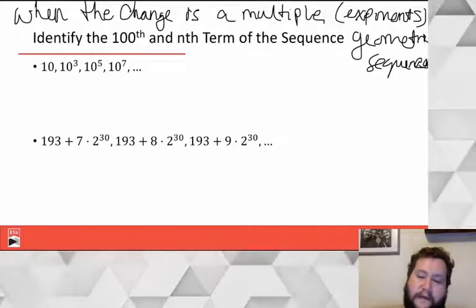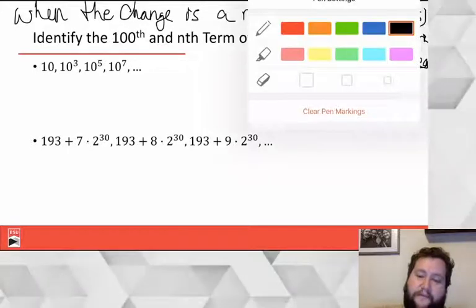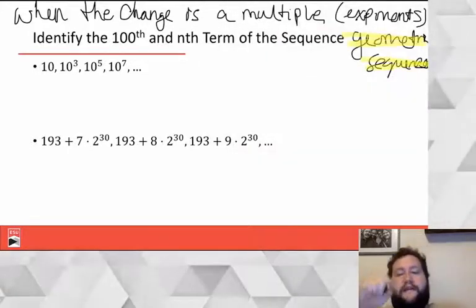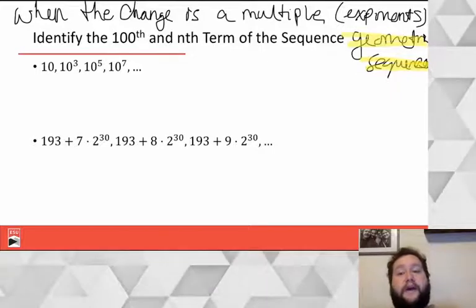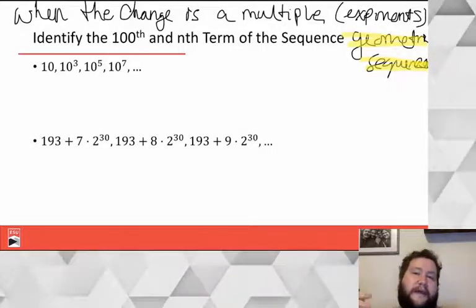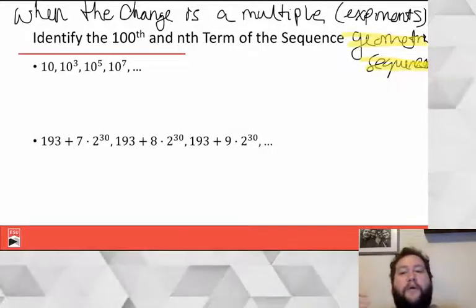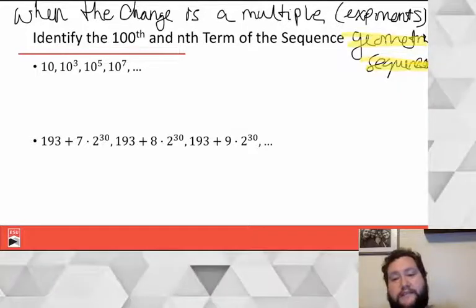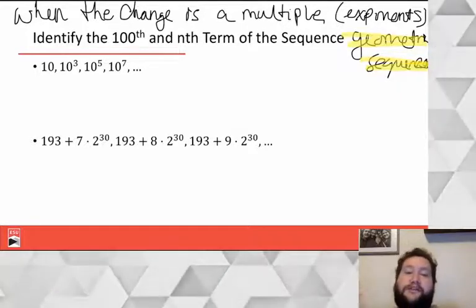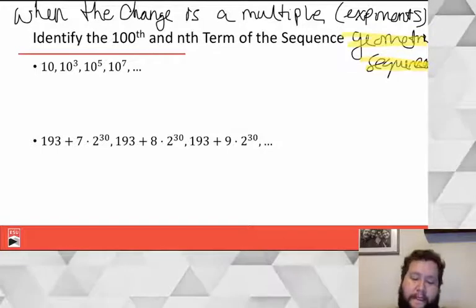So I'll highlight that. So when we look at those successive terms, and it's just a matter of adding on some more, those we call arithmetic sequences. But when we're multiplying by a fixed number each time, that's called a geometric sequence.